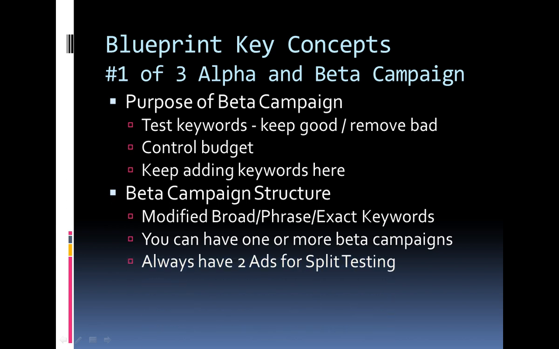For each ad group in your beta campaign, be sure to have 2 ads for split testing. I recommend that whenever possible, have only 2 ads in your entire account across different ad groups and campaigns. And then you tag each ad accordingly with an ad label. This will allow you to generate reports to see which ad works better in your account.